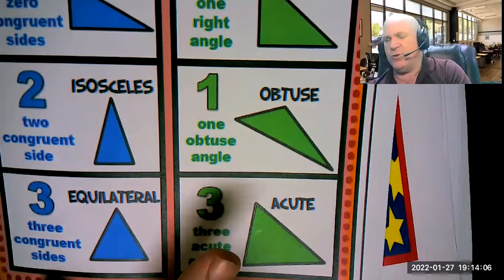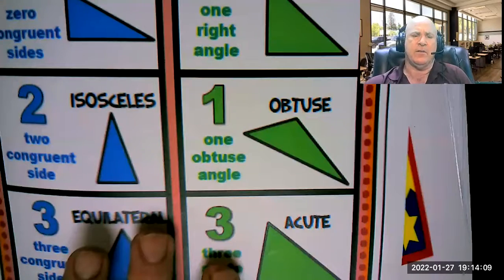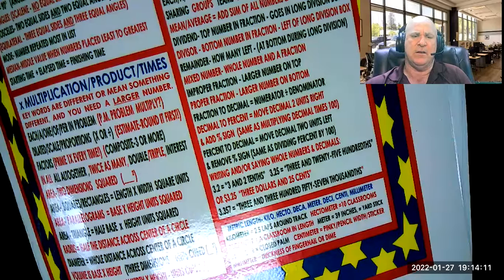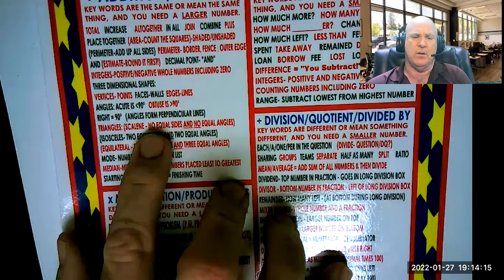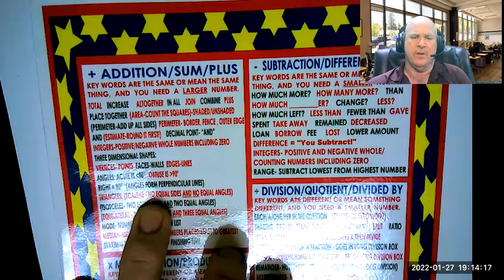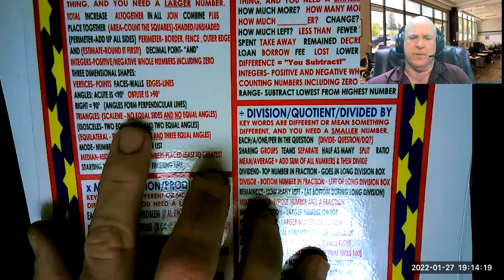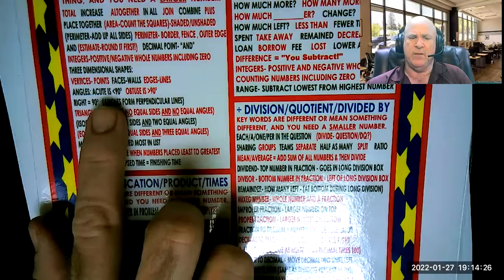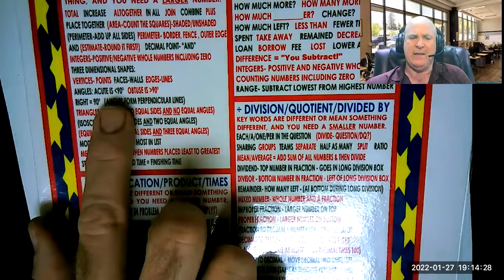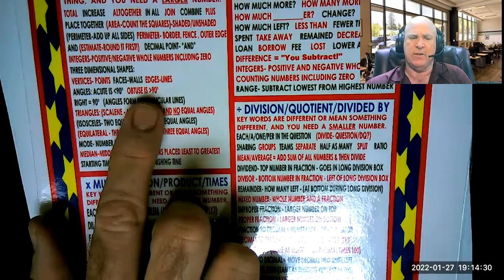Now, for those of you who have the mathematics chart, in the addition section of the keywords chart, there's your angles there. Acute is less than 90 degrees. Obtuse is greater than 90 degrees. Right equals 90 degrees exactly.